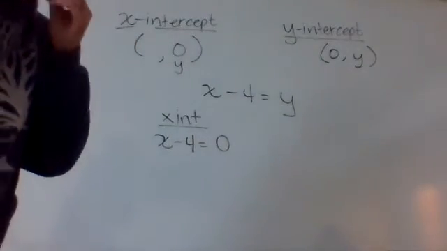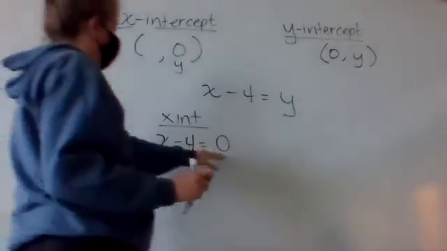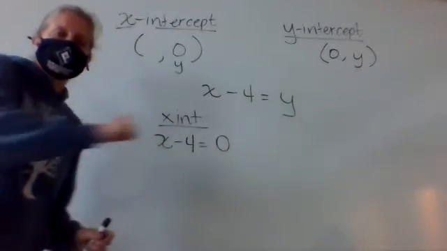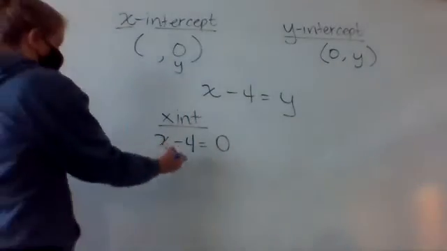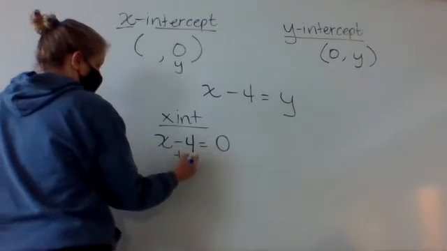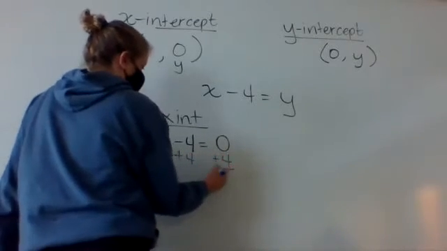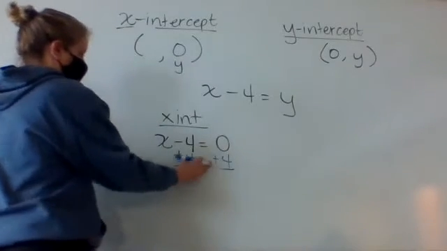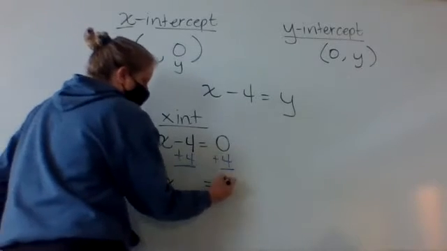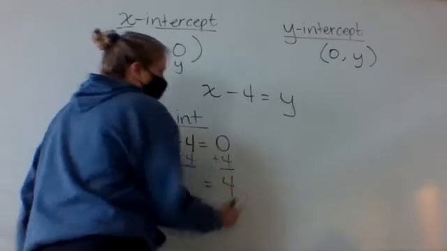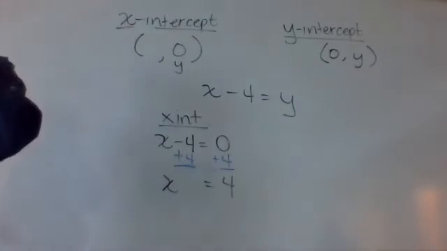And then solve it for the x. When I solve it for the x, that's going to show me where I am on the x-axis. So if I'm solving for x, I would just need to add the 4 to both sides. So that tells me the x-intercept is at 0 plus 4, which is 4.